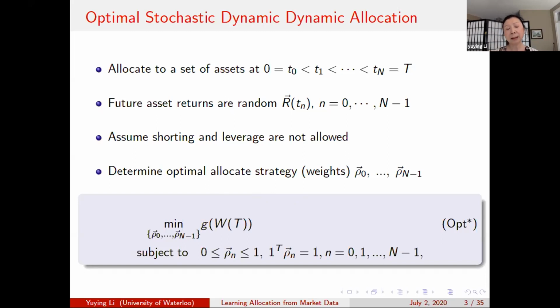In fact, I can think of it as an infinite dimension optimization problem, in the sense that my optimal control at each rebalancing time is itself a function, and depends on the random realization of your market scenario. So in any case, this is the framework of the problem I wanted to solve.